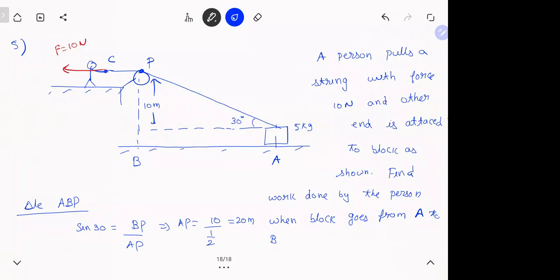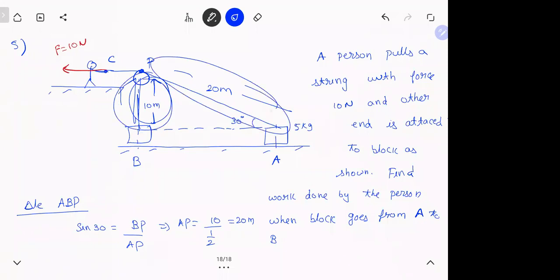Now I'll just tell you one thing. How much is this, 20 meters? When the block comes here, what is this? 10 meters. What happened to the remaining 10 meters? Someone should take it, right? If this was 20, this was 10, what happened to the remaining 10 meters? It has gone this way.